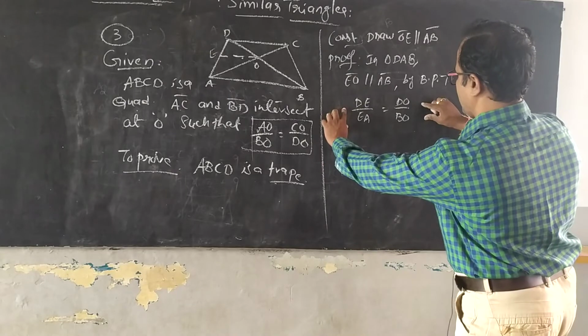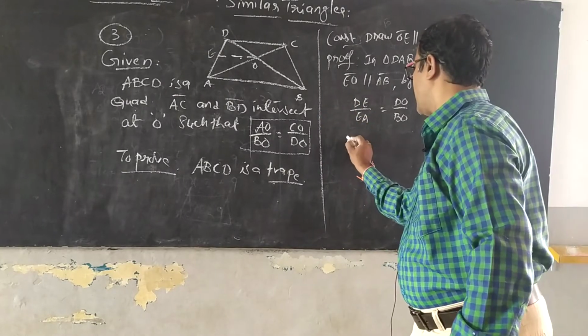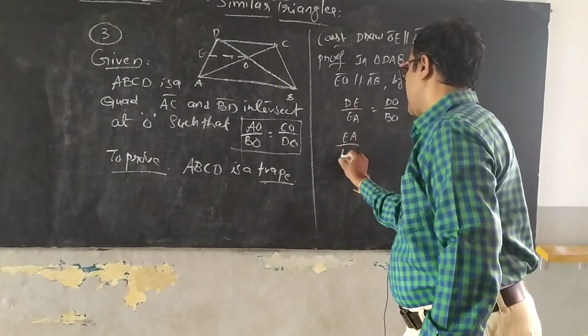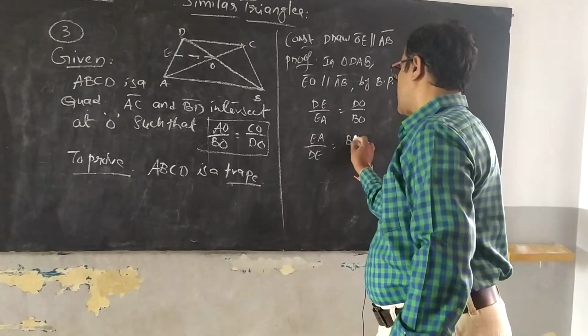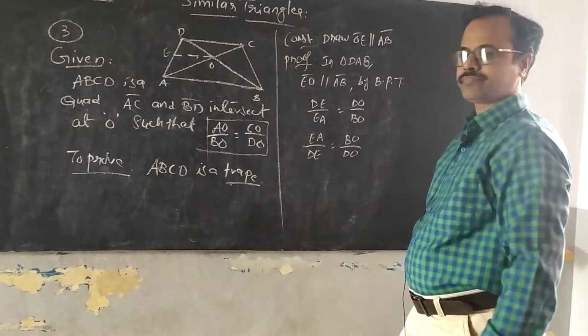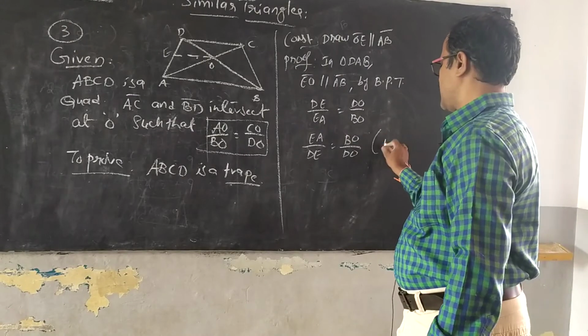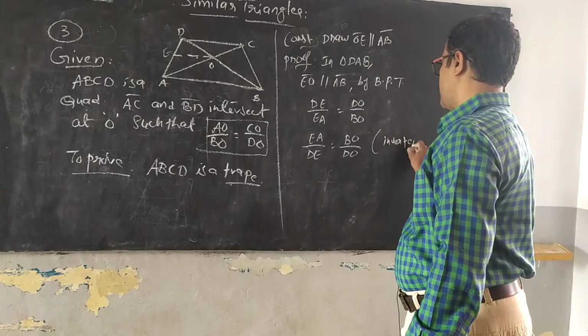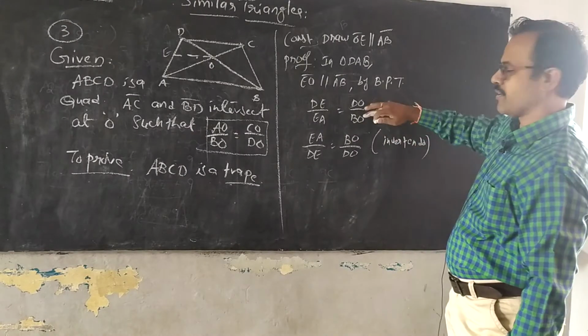Now I just make them invertendo. EA by DE is equal to BO by DO. This is invertendo, I inverted this one.